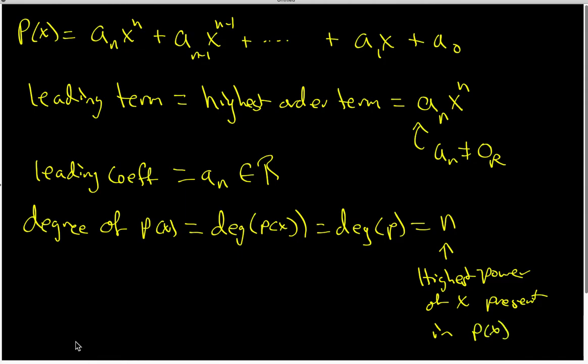And then there's one other thing that I want to talk about, and that's the constant term. The constant term of p is the last guy, the one who is not multiplied by an x. He's just a_0. And it is frequently the case that we can abuse the notation slightly and think of a_0 as being a_0 times x to the 0.